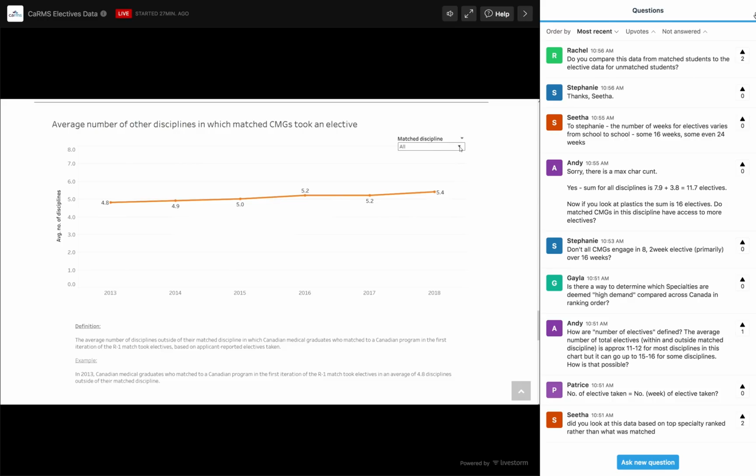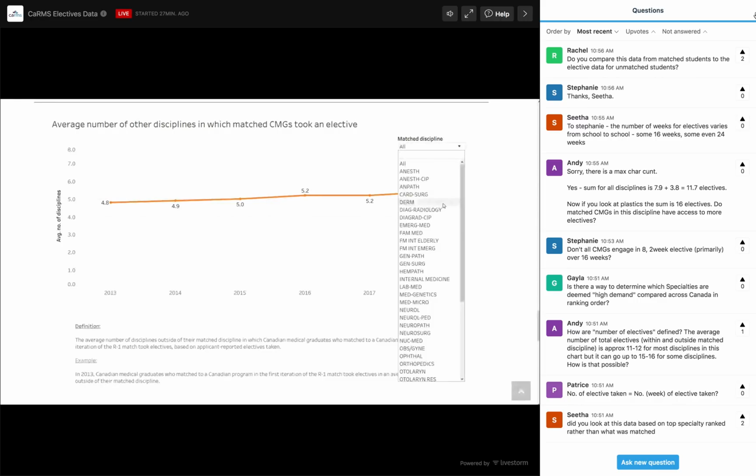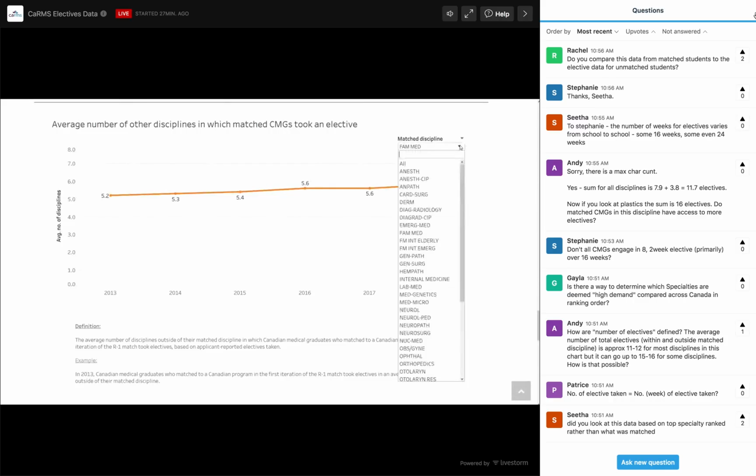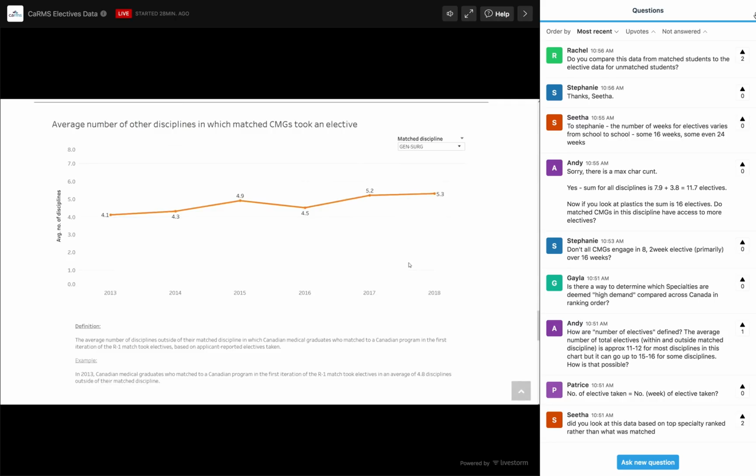This is all disciplines, and now looking at family medicine, a similar increase over time. General surgery, perhaps a bit steeper trend line.